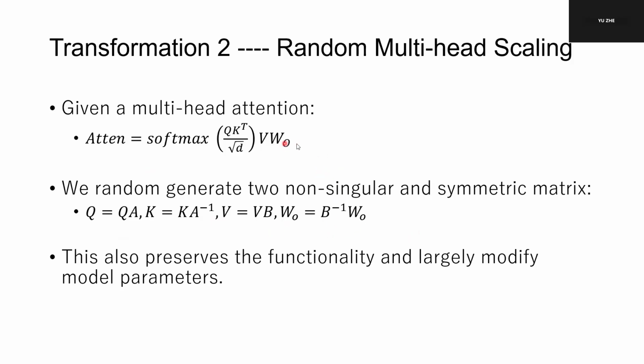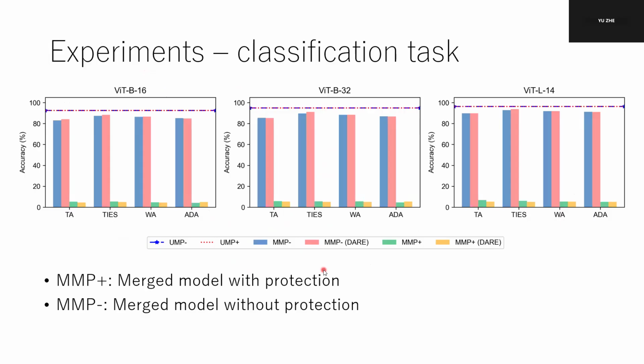And the attention module is also widely used in modern machine learning models, so such a transformation can also apply to most models. This transformation also preserves the functionality and largely modifies the model parameters. By applying such transformations, we can obtain models that are different in parameter space, but the functionality is exactly the same.